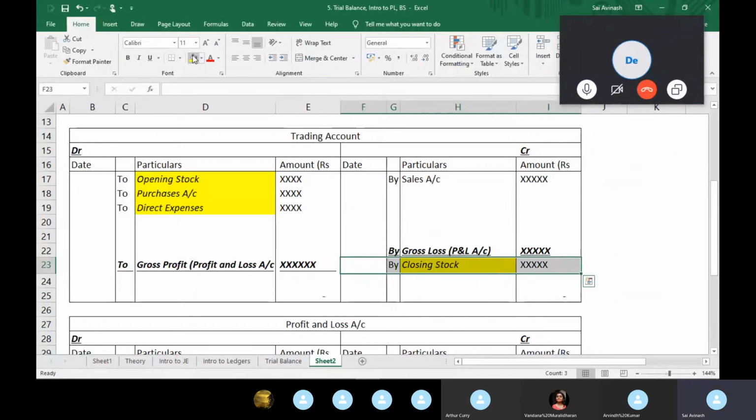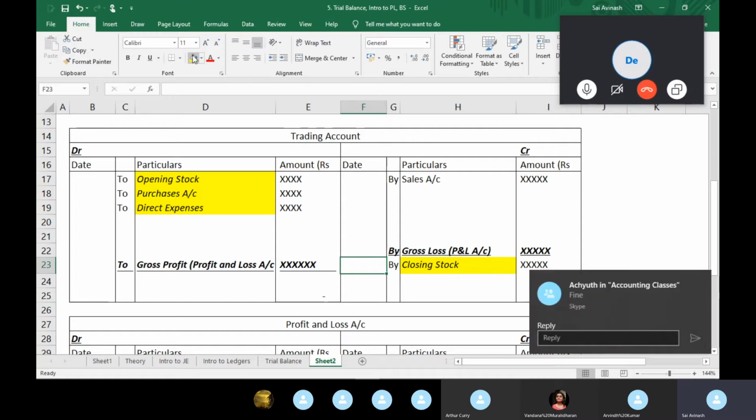If you look at the transaction we've gone through, it will be an advance received because we've not earned the income yet, which means the goods are still with us. It will be part of your closing balance. Okay, but don't go into those ideas yet. We're just trying to understand how to post stuff to the trading account and the profit and loss account. Okay, so we'll get to that idea when we get there. But if you confuse yourself too much, you're going to take very little out of this.